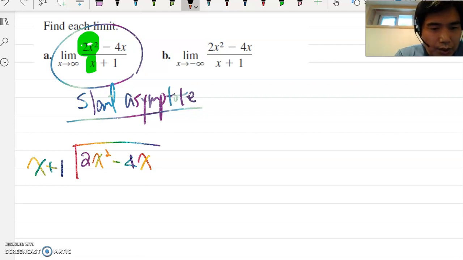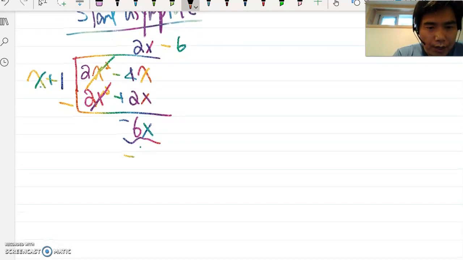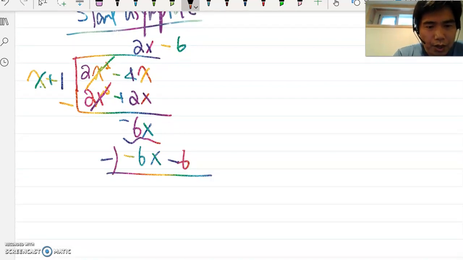Then as you see, x goes into 2x squared twice, so 2x, then 2x squared plus 2x, and you subtract, then this is gone, so minus 6x so far, right? Okay, then now this one minus 6, then this becomes negative 6x minus 6, and now you subtract, which means change the signs, so this is gone, so 6 is left over.